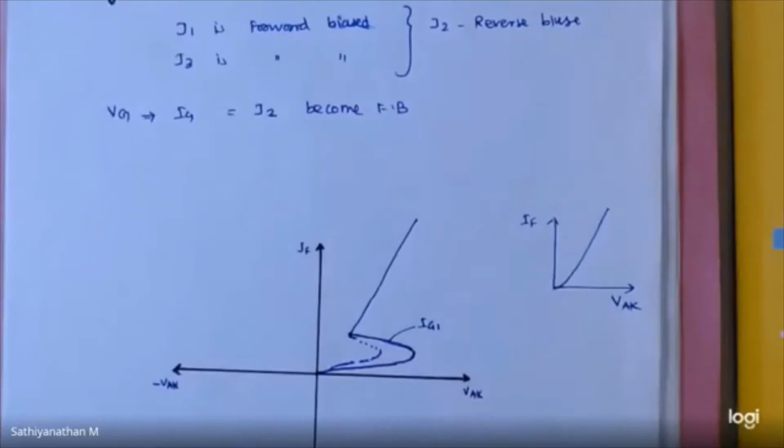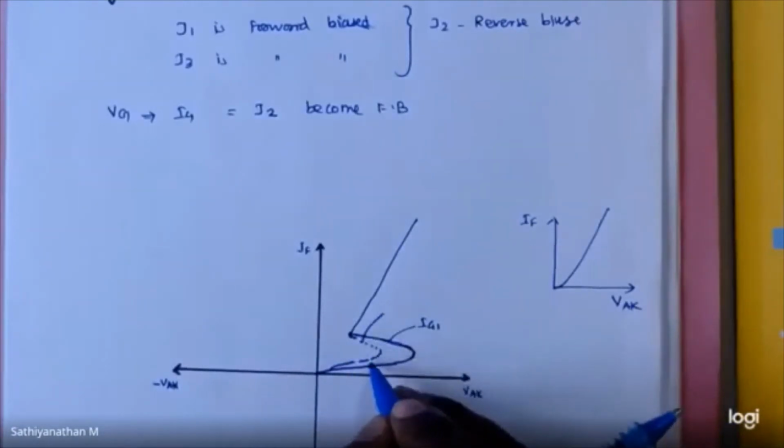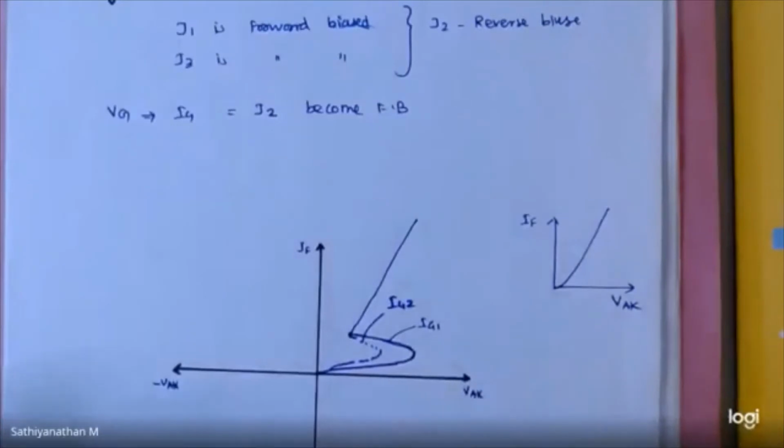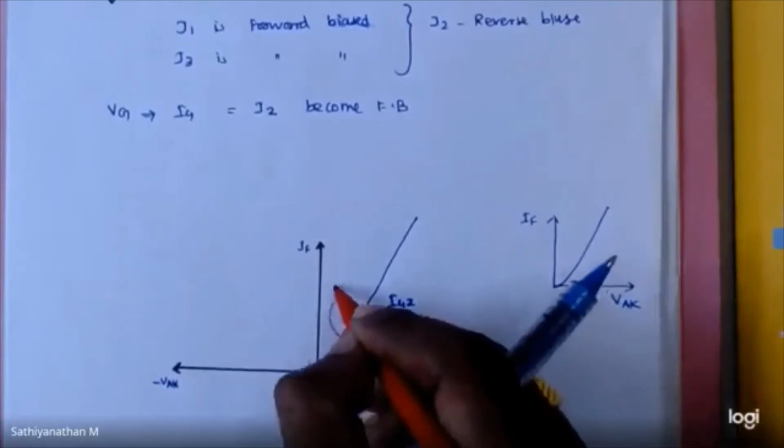your turn on time period of the device gets increased. So this turn on time indicates higher gate current. Similarly, you can change the turn on time by fixing a different gate current.